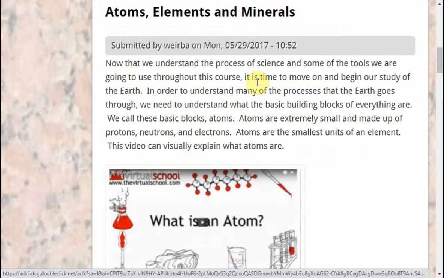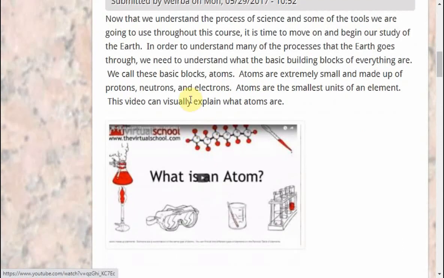Now we understand the process of science and some of the tools we're going to use throughout this course. It is time to move on and begin to study the Earth. In order to understand many of the processes that the Earth goes through, we need to understand the basic building blocks. We call these basic building blocks atoms.